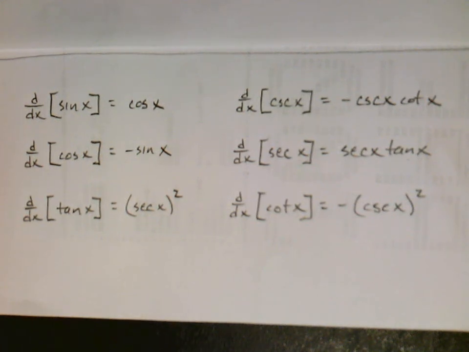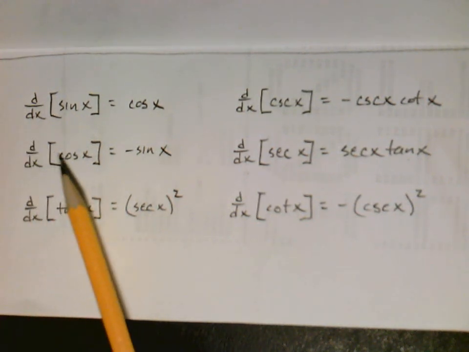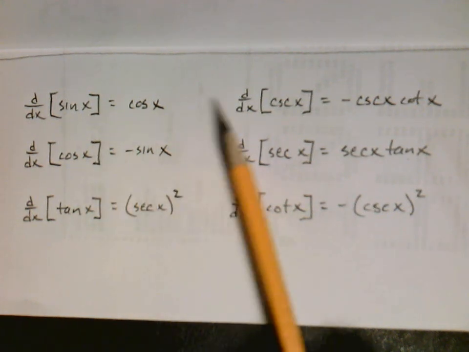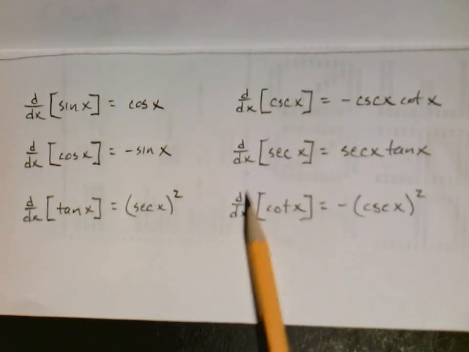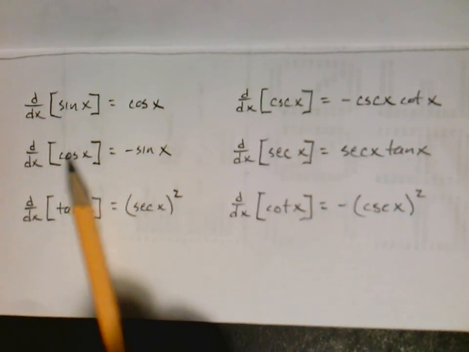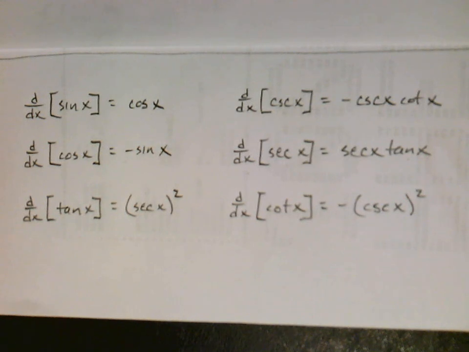Most people think of this as, well, it's all the ones that start with co. Cosine has a negative derivative. Cosecant, cotangent. And all the ones that are not the co have a positive derivative. And so that's a good way to remember it. If it's a co, you know that derivative is going to be negative. Okay, so that's nice, but there's a lot more going on than that.